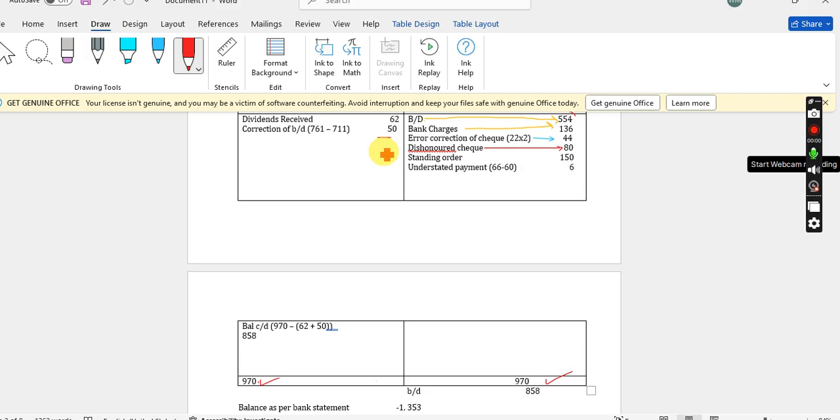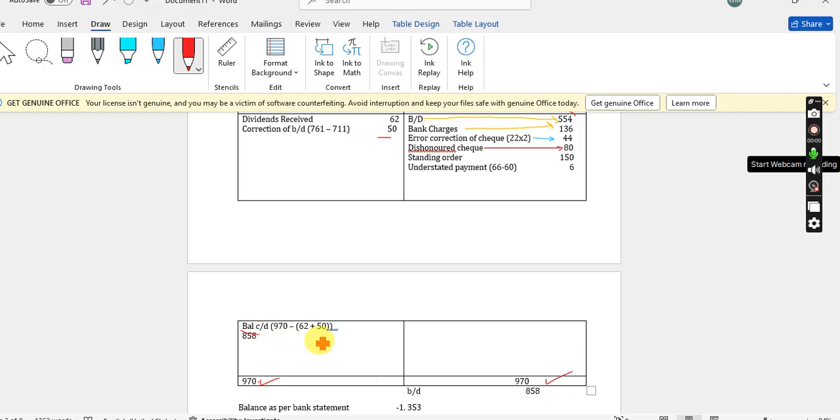Since the debit side has got the lower amount, that's why we bring the balance carried down on the debit side. The balance carried down goes on the side which has got the lower amount.